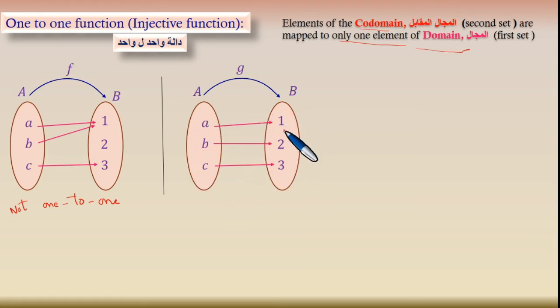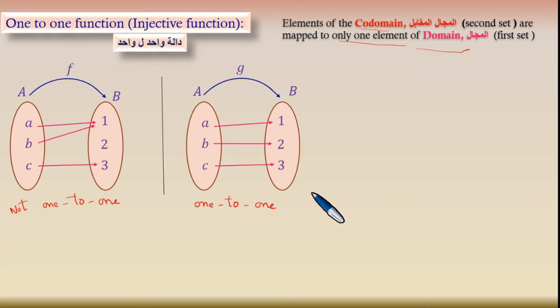So this kind of relation is known as one-to-one function. Every element has only one relation. This is a one-to-one function because the codomain elements of function g have only one relation, right? I hope it's clear for you.